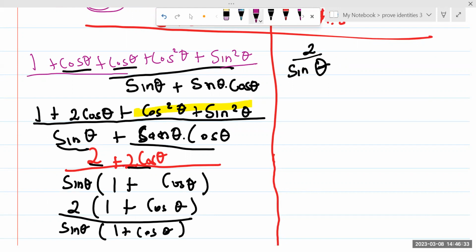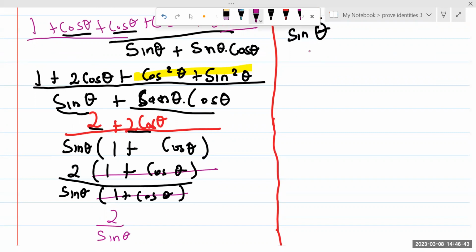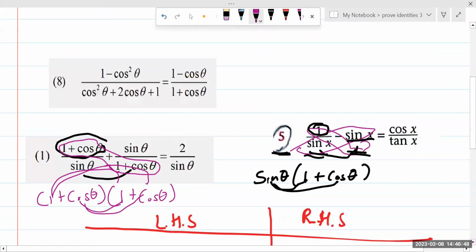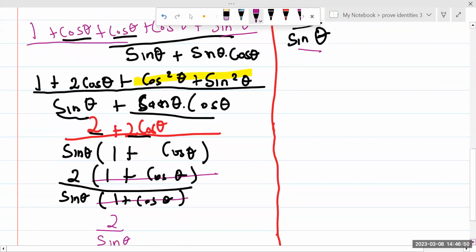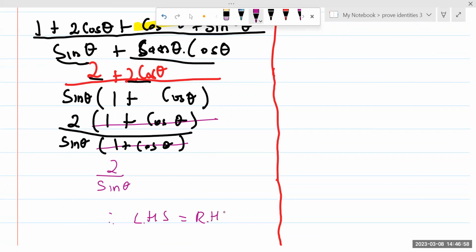Now you can clearly see that this bracket again is going to divide this bracket. And then if those 2 brackets divide each other, what is our answer? It says we have 2 over sine theta. Do they look alike? Then we can conclude and say therefore our left hand side is equal to our right hand side.